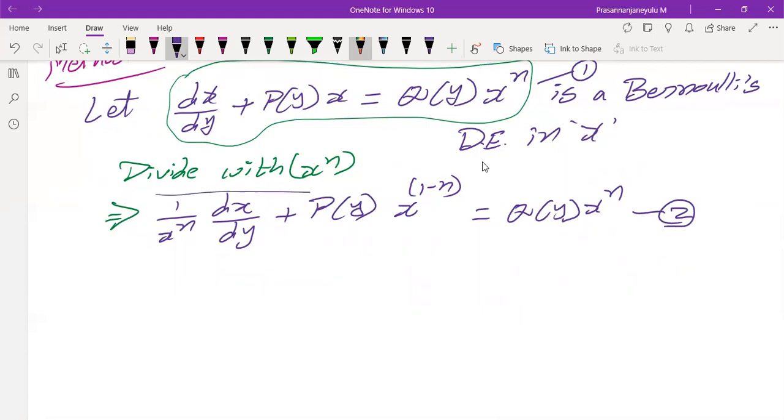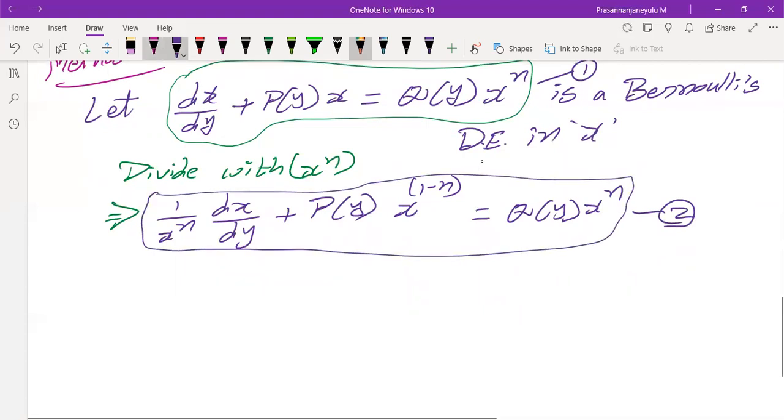Now observe, as we discussed in the previous method number 1, that the dx by dy coefficient should be 1, or maybe in functions of which variable? The dependent variable. What is the dependent variable here? x. So it may be in functions of x, which is acceptable.